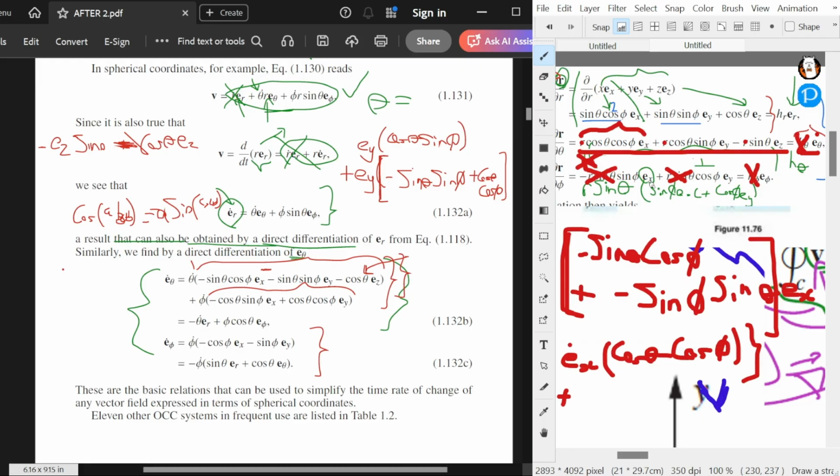Okay, E dot. Let me differentiate this and examine them very, very closely. I think that will help.